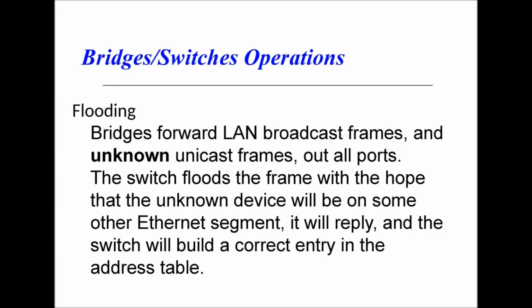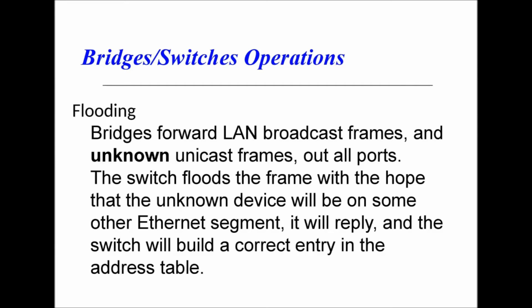Dear students, because the switch needs a MAC table, it needs the addresses of PCs in its MAC table. If there is no entry of MAC addresses or physical addresses in that MAC address table, the switch or bridge will be unable to send the frame to the intended destination.